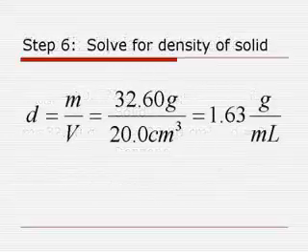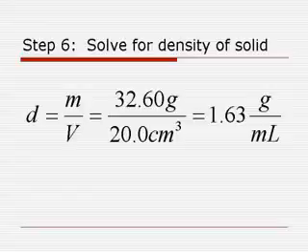We finally have enough information to solve for the density, and it's a simple solution now. Density is equal to the mass divided by the volume. So we have 32.60 grams of the solid divided by 20.0 cubic centimeters of the solid. We're going to report our answer in 3 significant figures because of the 20.0 cubic centimeters.